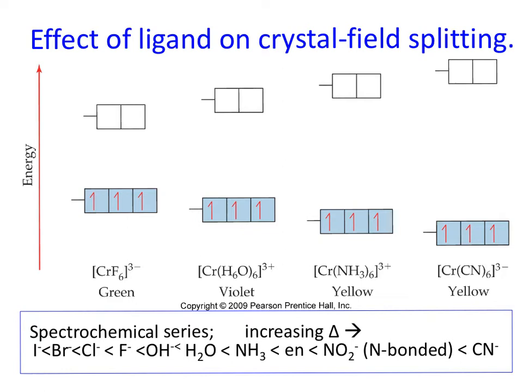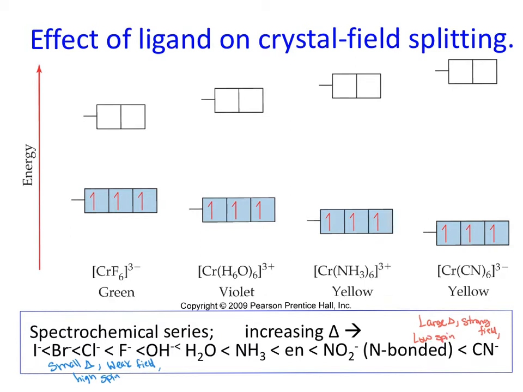We have on the left-hand side small delta, which we call weak field, which results in a high spin complex. And on the right-hand side, we have our large delta, large splitting energy, which is a strong field complex, which results in low spin.